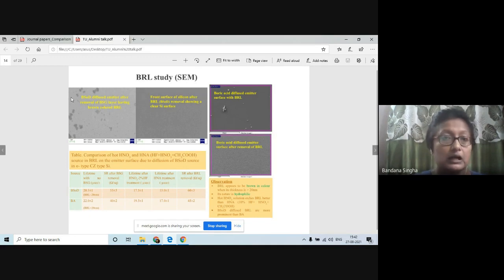But in the boric acid case, we generally do not find any such patches or colors, even though the boron-rich layer on the surface appears to be thicker than 20 nanometer. We cannot see any color on the surface.